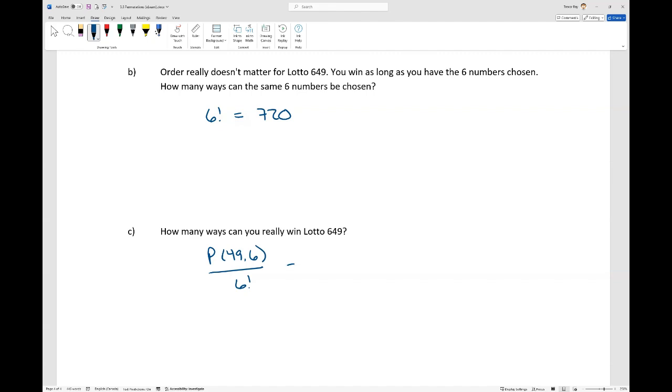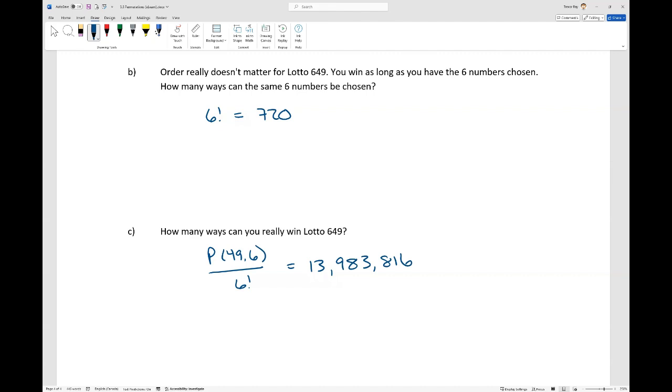And if I do that, I can punch this into my calculator. It'll briefly give me scientific notation, but it'll go away. So 49 pick 6 gives me the scientific notation number, divide by 6 factorial, and I'm down to 13,983,816. So there's almost 14 million different Lotto 649 tickets, keeping in mind that the tickets will always print the numbers in order from smallest to largest. Order really does not matter.